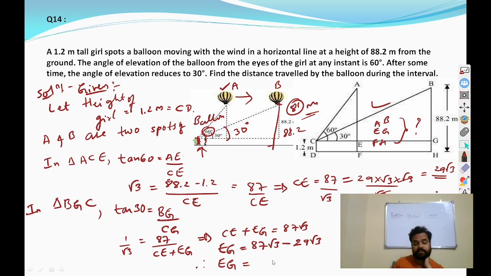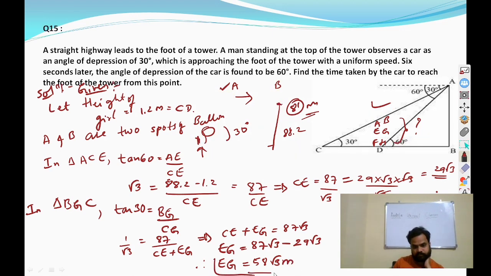Subtract and write the values. 58 root 3 meter. What is this? This 58 root 3 meter itself is the distance covered by the balloon from one place to another place.